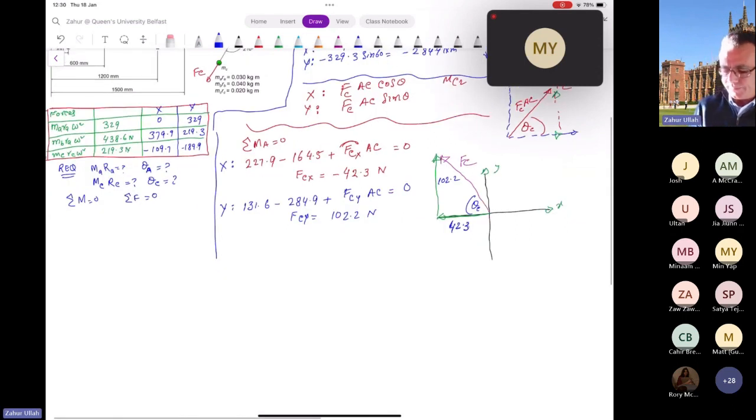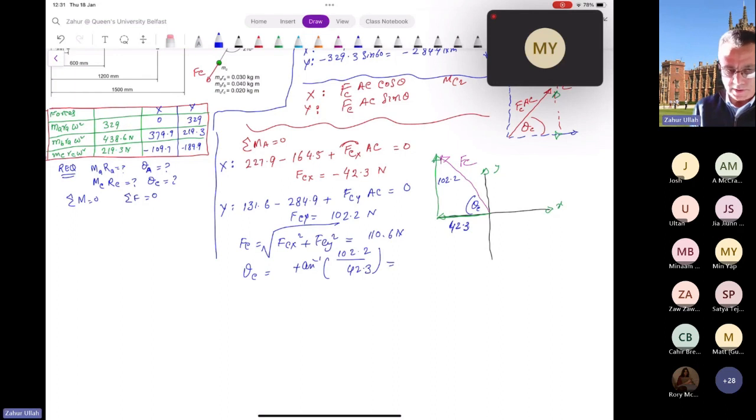You can calculate now FC, which is FCX square plus FCY square under the root, which is going to be 110 newtons, and theta C will be tangent inverse of 102.2 divided by 42.3.